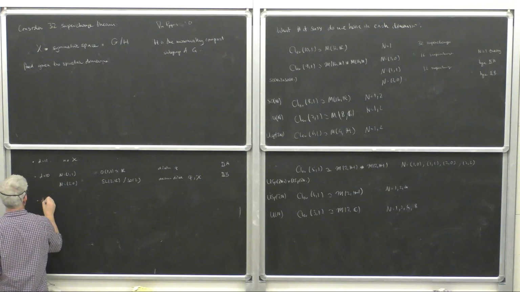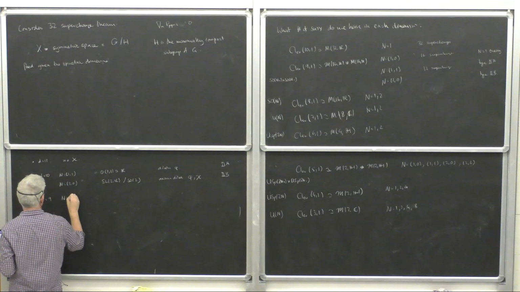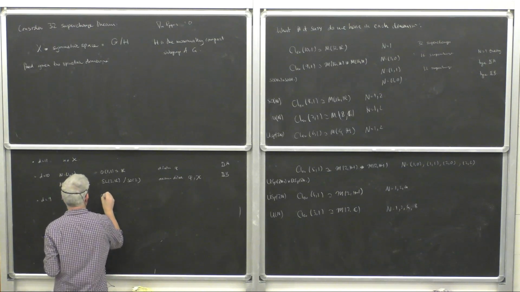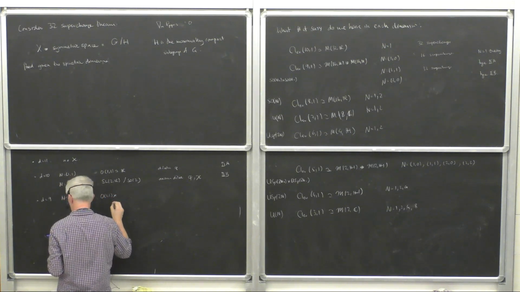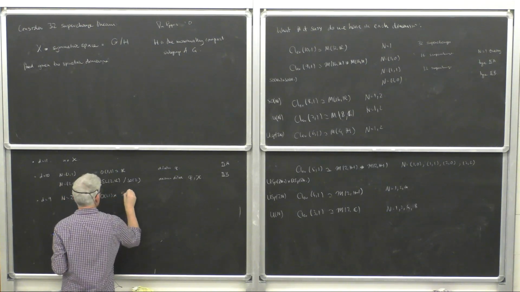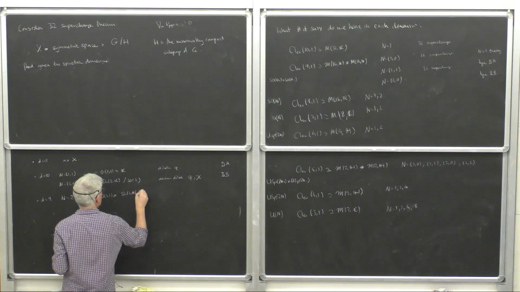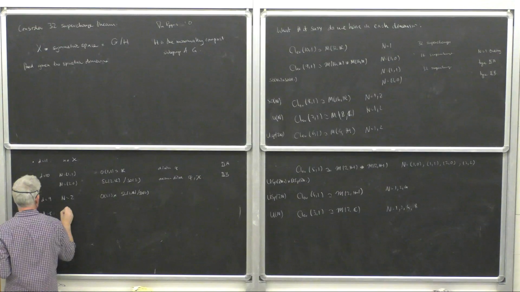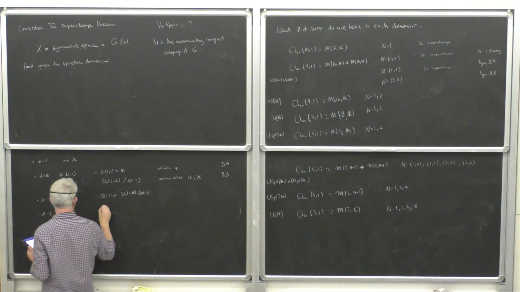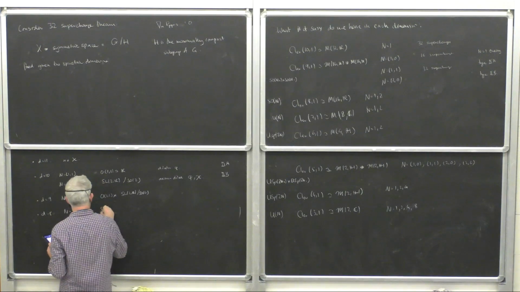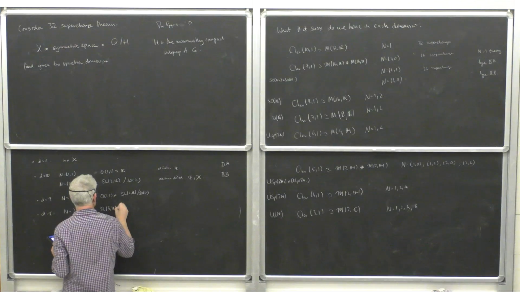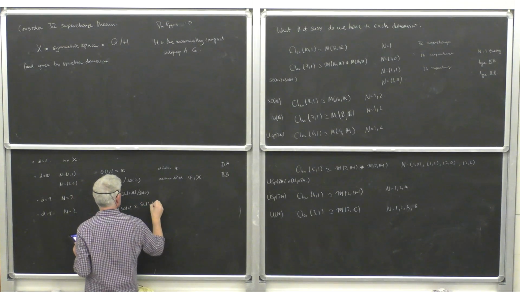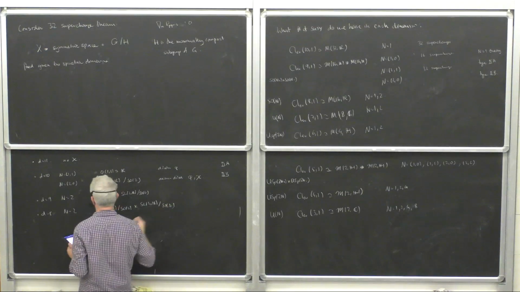So we do d equals 9, and we have n equals 2. And you get a space that looks like O(1,1) times SL(2,R) mod SO(2). And then you can do d equals 8. You again do n equal 2. And you get SL(3,R) mod SO(3) times SL(2,R) mod SO(2).